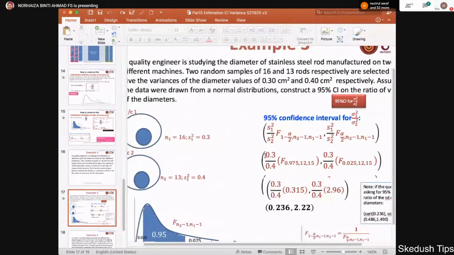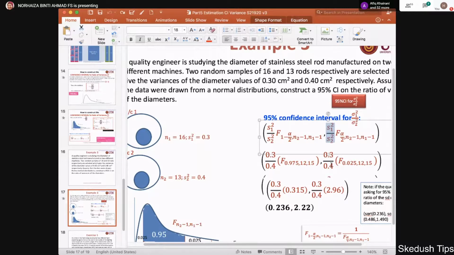In this case, it doesn't specify which ratio of the diameter, so let's say you're going to use sigma 1 squared over sigma 2 squared. You just take the best point estimate for this, which is S1 squared over S2 squared, as your upper and lower limit. So these are the same value, 0.3 over 0.4.